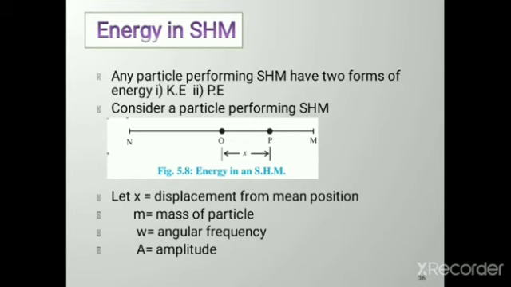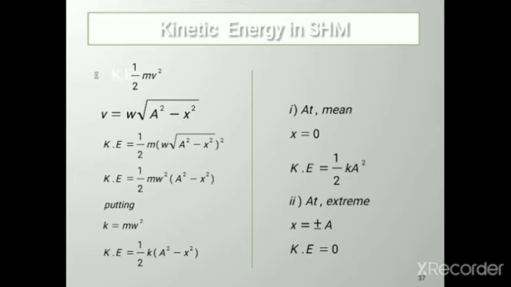Let x be the displacement from the mean position when the particle is at a point P. Small m denotes the mass of the particle, omega denotes angular frequency, and A is the amplitude of SHM.